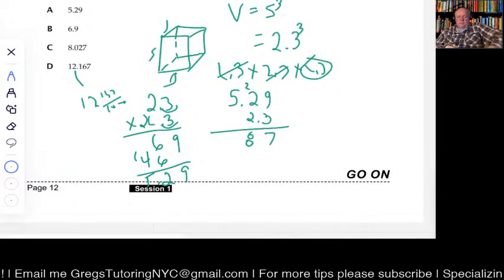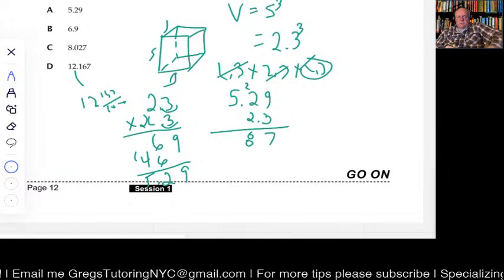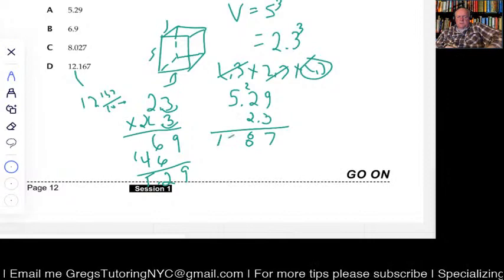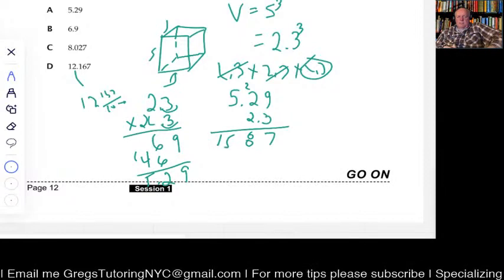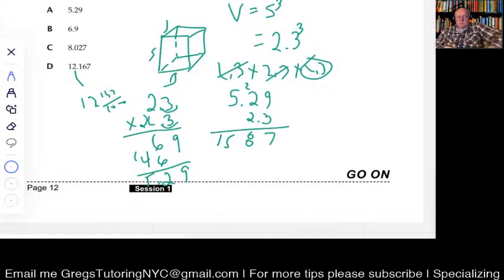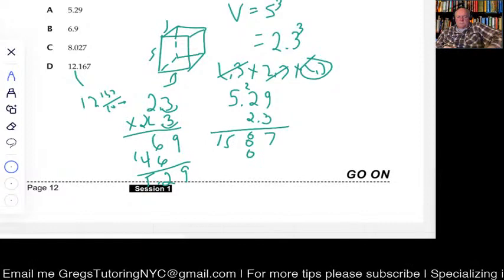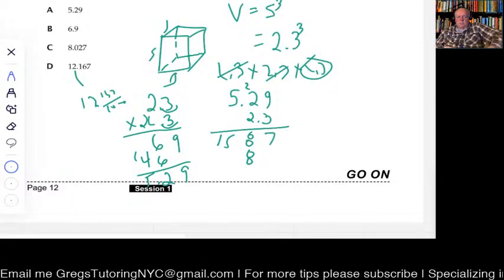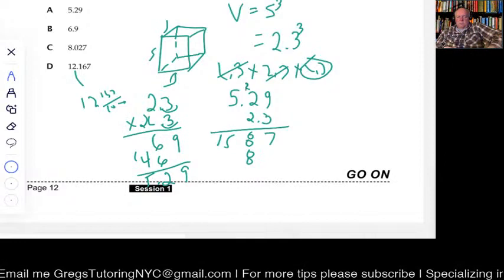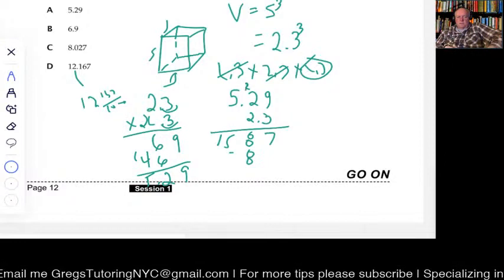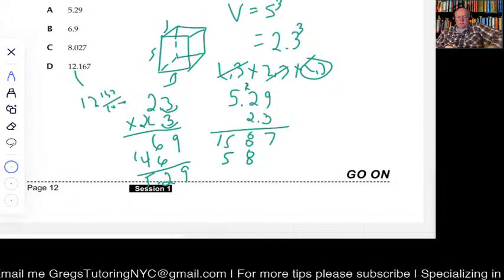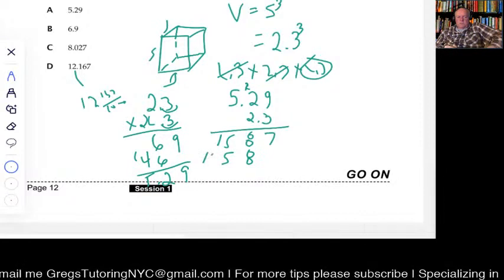And 5 times 3 is 15. Okay? 9 times 2 is 18. Carry our 1. 2 times 2 is 4, plus 1 is 5. And then 5 times 2 is 10. So if I did this right, this should be our answer.